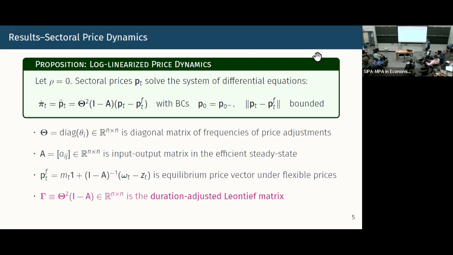The only reason that we would put different notation for these was if we were talking about an efficient versus inefficient allocation. But this gives us what we know from flexible economies with network structure. Pass-through of productivity shocks is governed by the inverse Leontief. Pass-through of nominal shocks is just one-to-one because there's monetary neutrality in those economies.